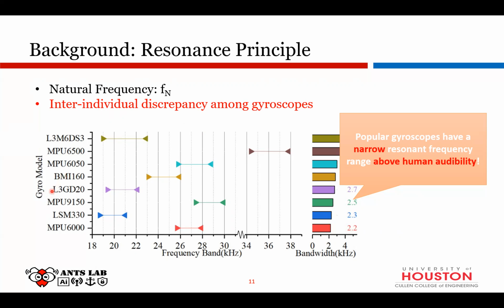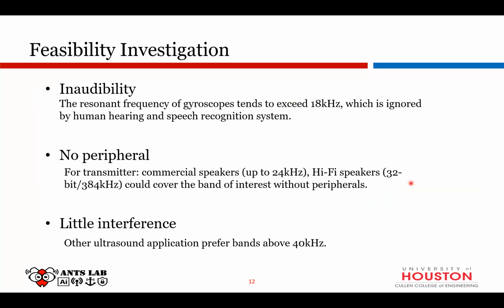So you can see from this figure, all these colored lines show the resonant frequency range, not only the starting and ending frequencies, but also the bandwidth, and all the gyro models are different. We can say the popular gyroscopes have a narrow resonant frequency range, and all of them are above human audibility. So this kind of communication is actually inaudible to human beings.